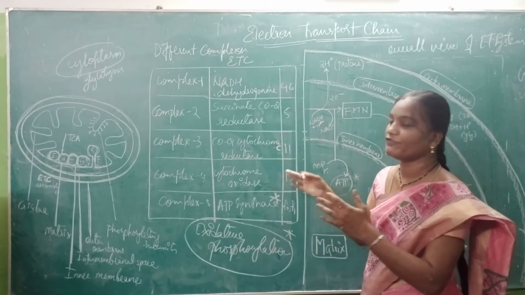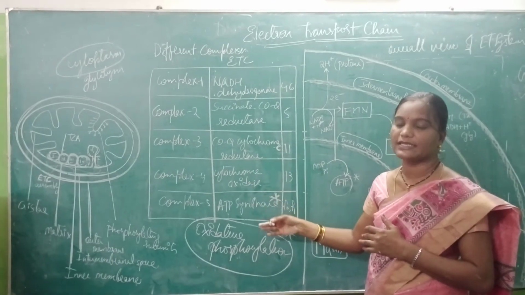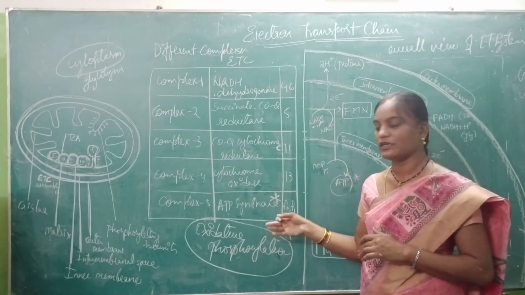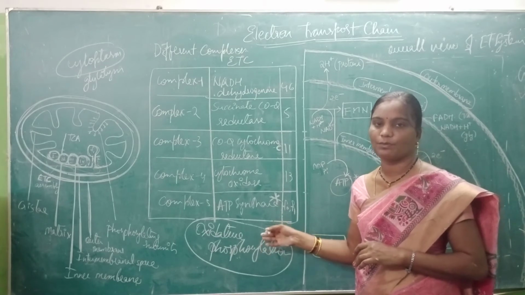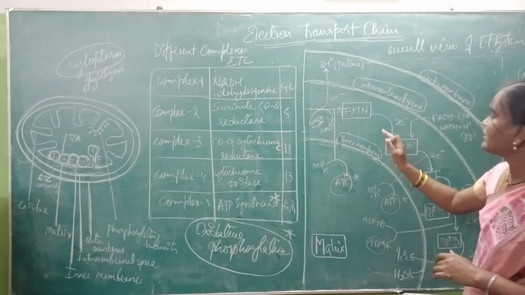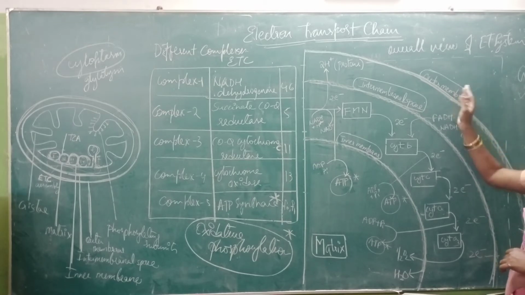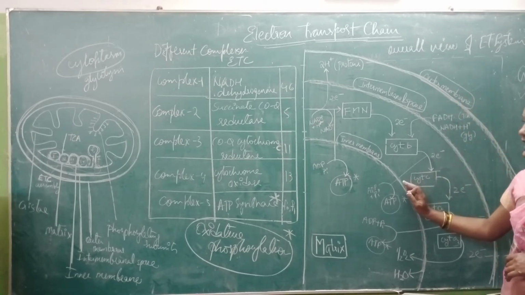So the electron transport chain includes the first 4 complexes, and oxidative phosphorylation includes the last 5th complex where your ATP molecule is synthesized, isn't it? Now coming to the overview of the electron transport system, how electrons are being transferred from one substance to another, you will be learning in this mechanism.